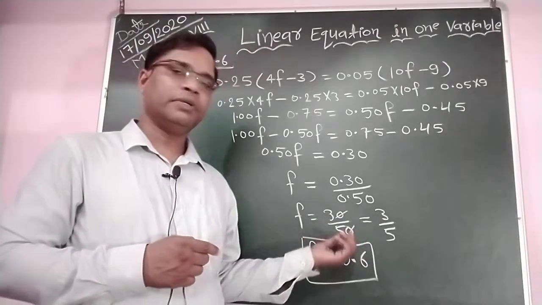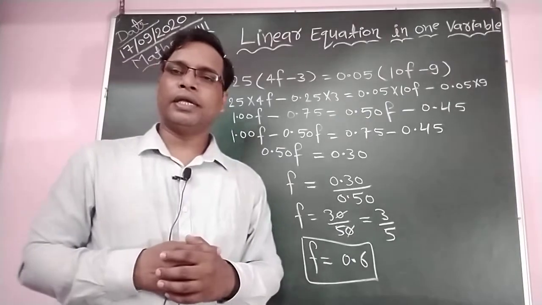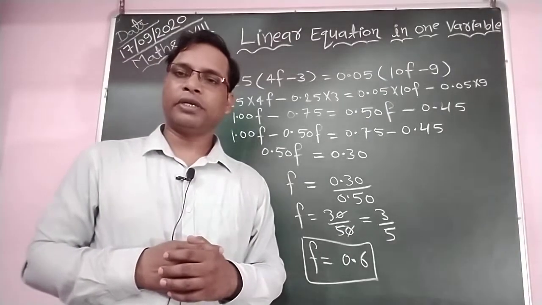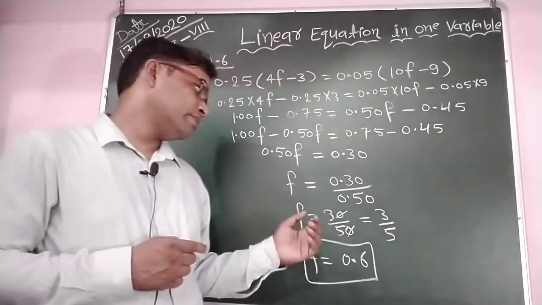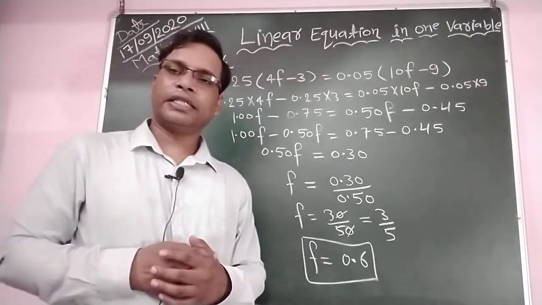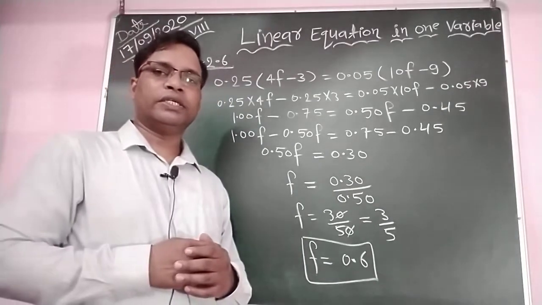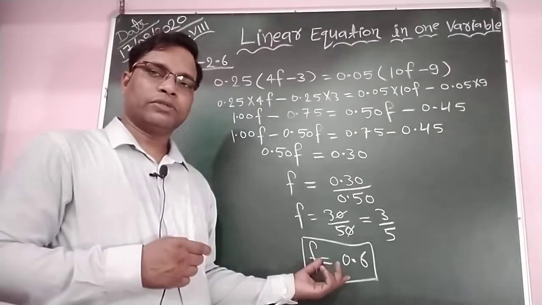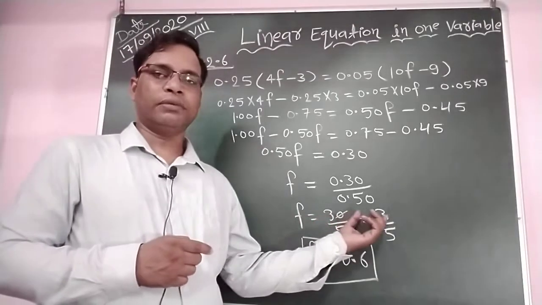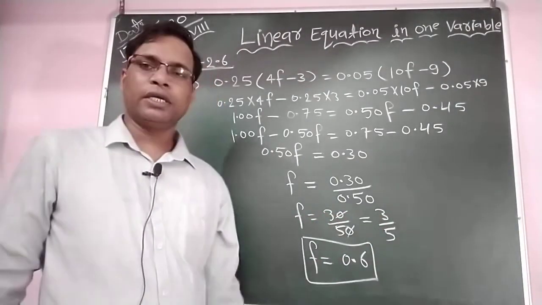You can divide numerator and denominator by 10, then you obtain 3 by 5. So the value of f is 3 by 5, or in decimal, 0.6. This is the right solution. In fraction form f is equal to 3 by 5, in decimal form f is equal to 0.6.